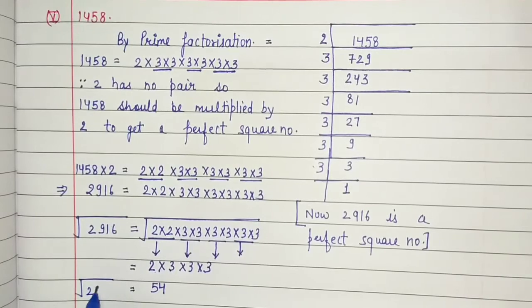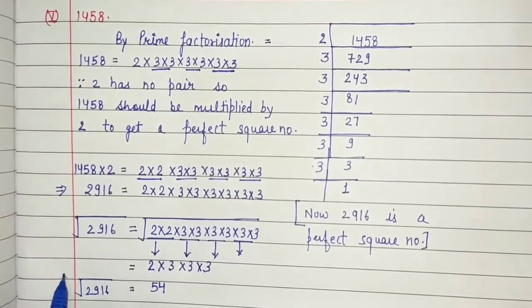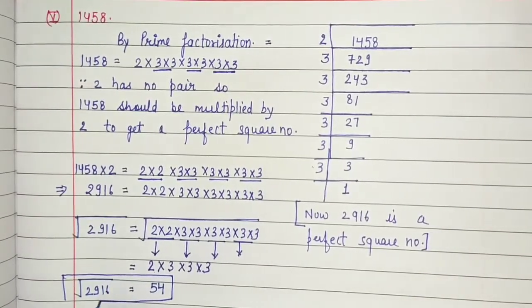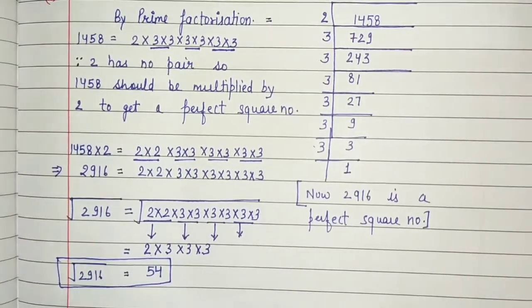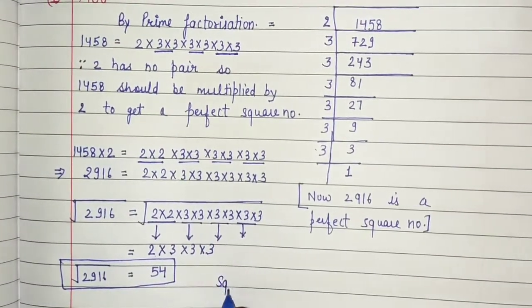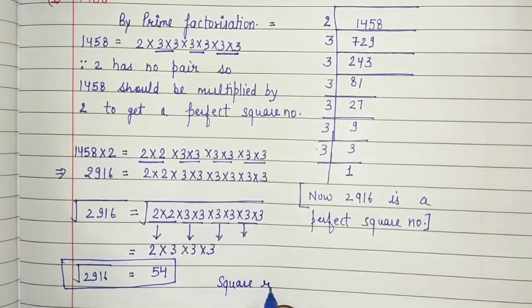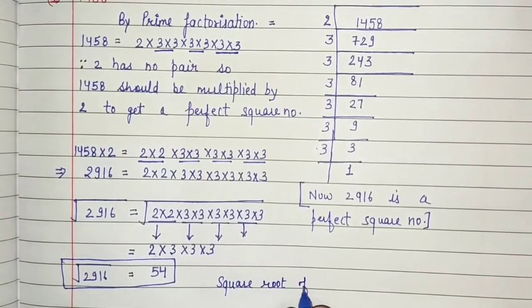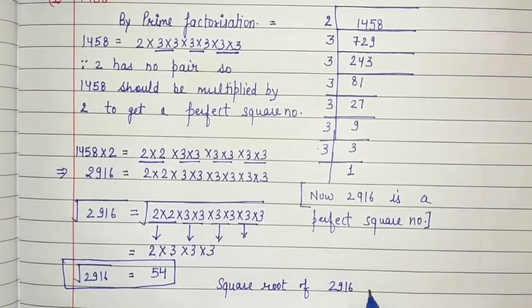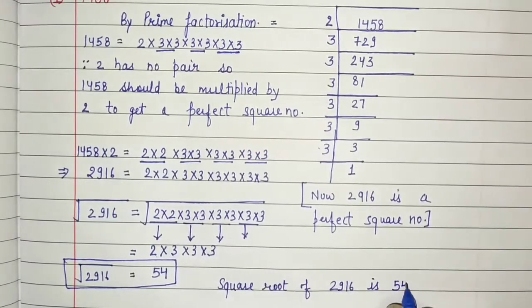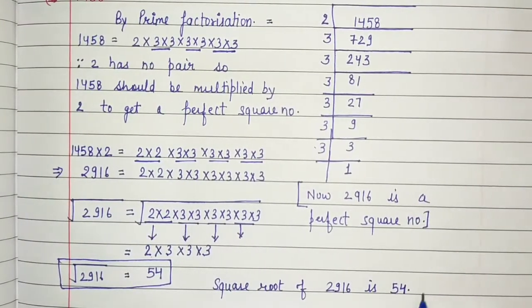So this is your answer, 54. Also you can mention here the square root of 2916 is 54.